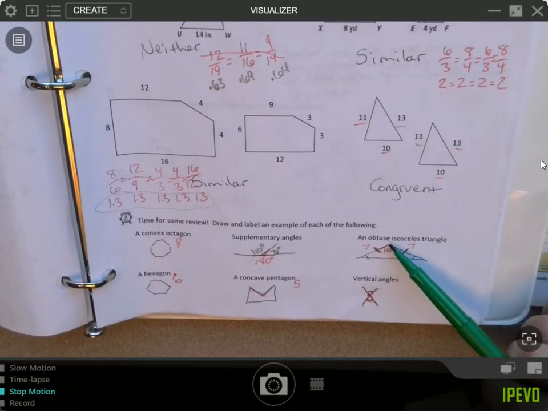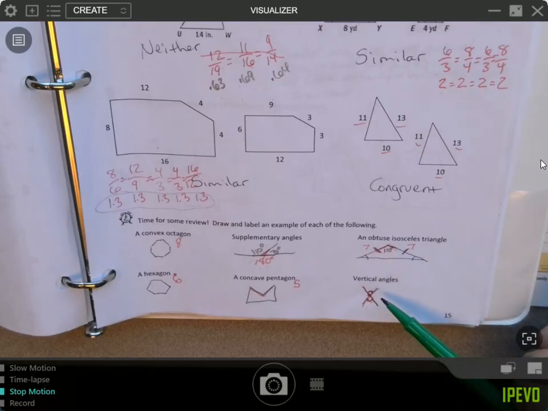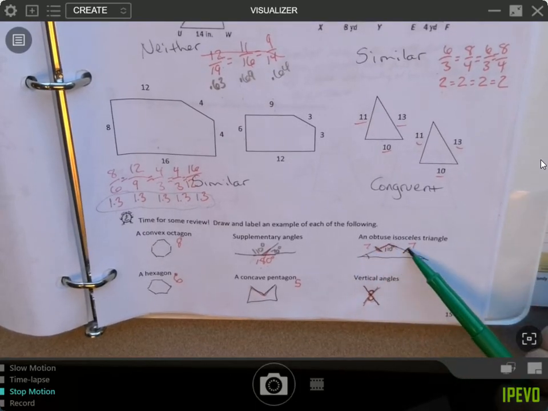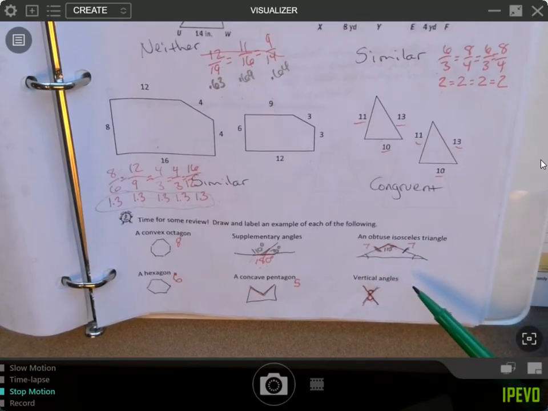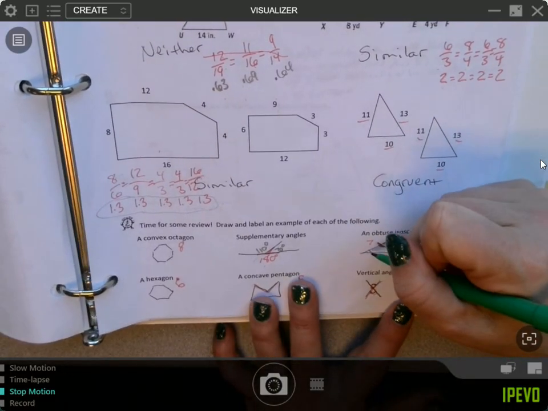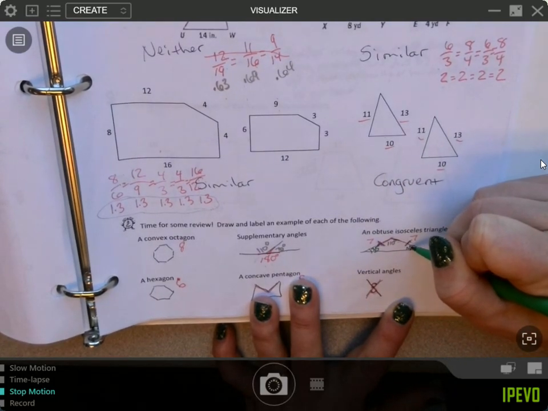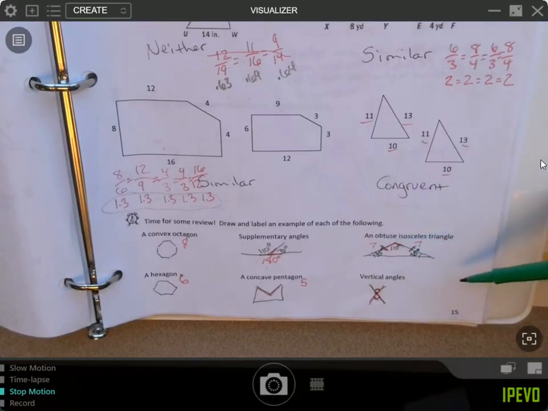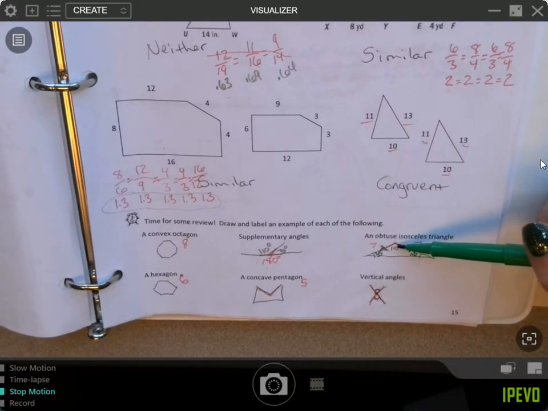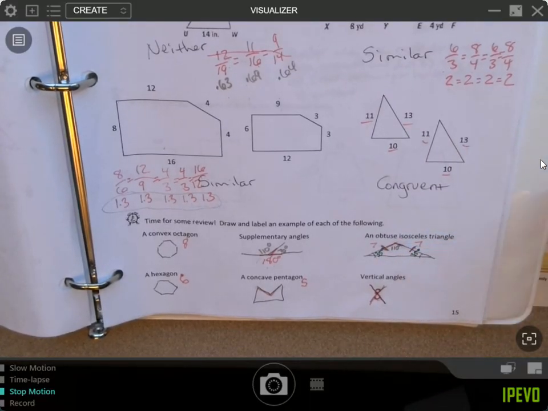Obtuse, we have one angle that is bigger than 90 degrees. Our two sides are identical, and these two angles are identical. So I should have written in what these angle measurements would be to make it 180. So I had 110 degrees and two 35-degree angles.